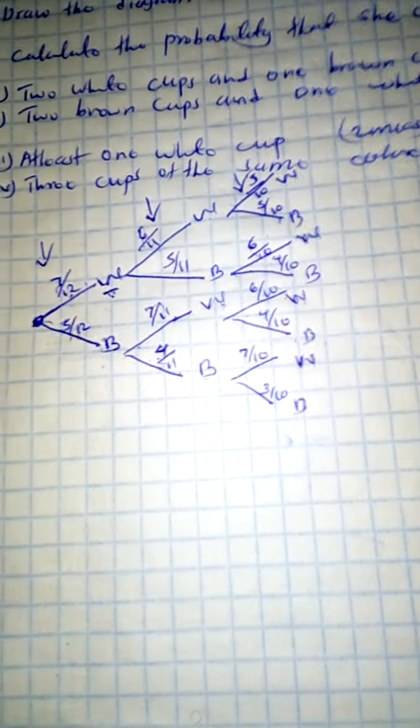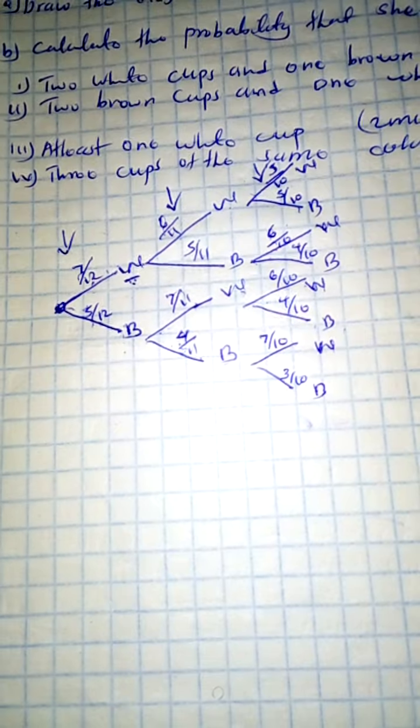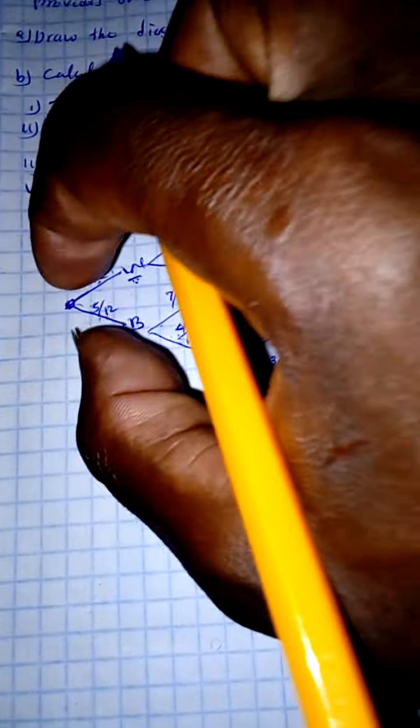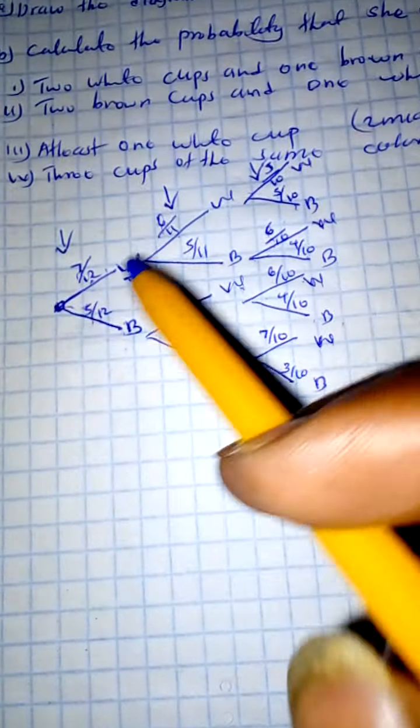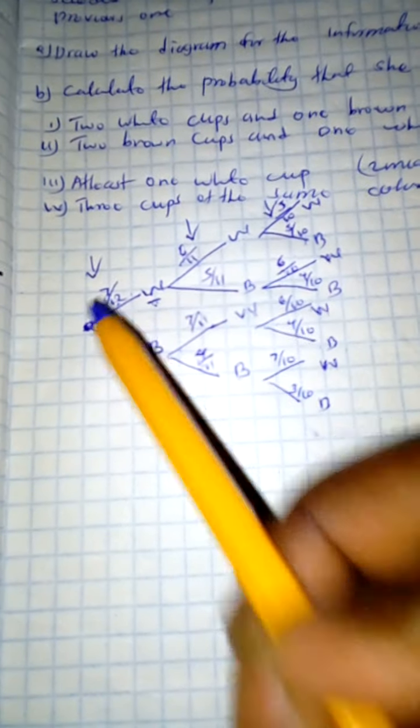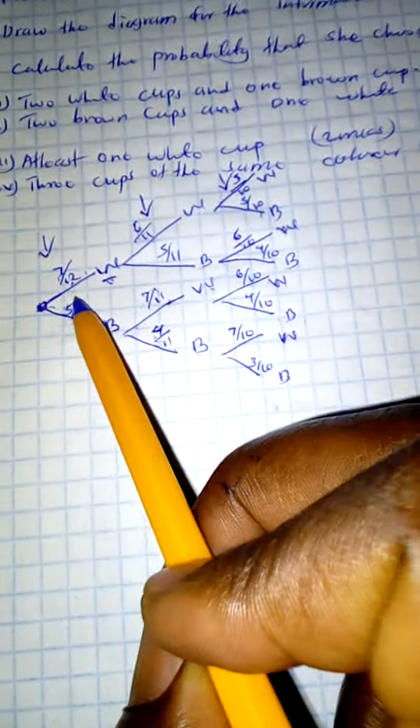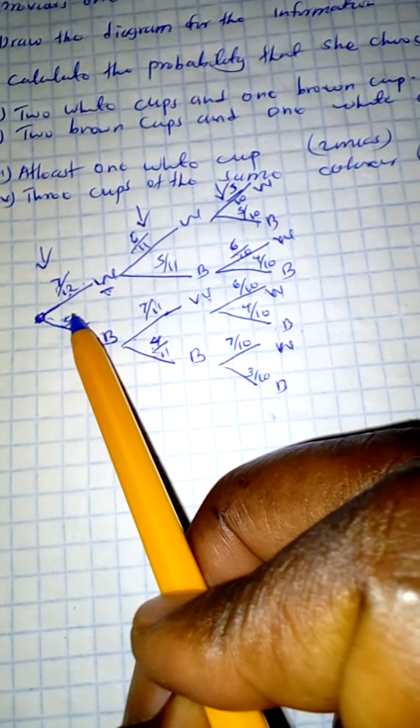Now for you to know that your tree diagram is okay, every branch must add up to 1. For example, the first branch of the first pick is 7/12 plus 5/12. If you add that, it is 12/12, which is 1.